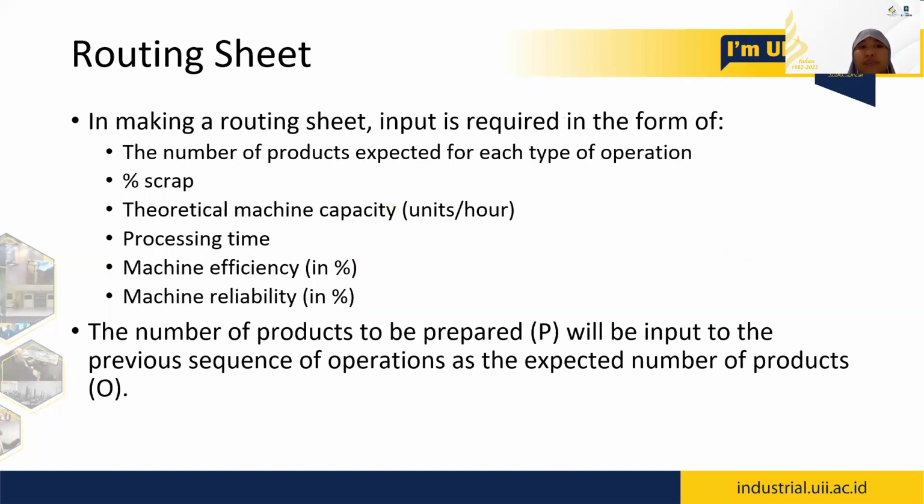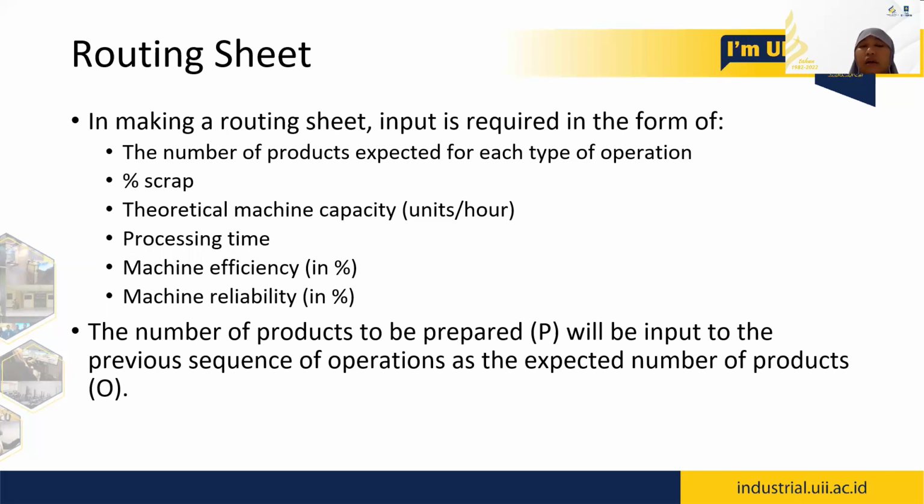Okay, so in making this calculation, the input required from the routing sheet includes the number of products expected, so demand, the scrap percentage, the theoretical machine capacity, the processing time, machine efficiency, and also machine reliability.